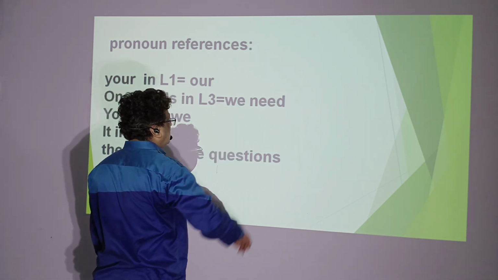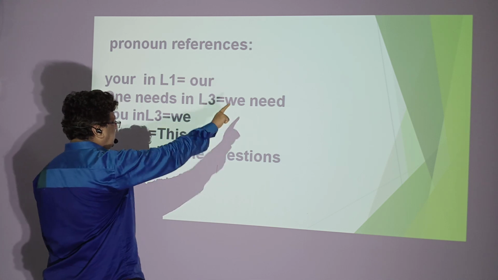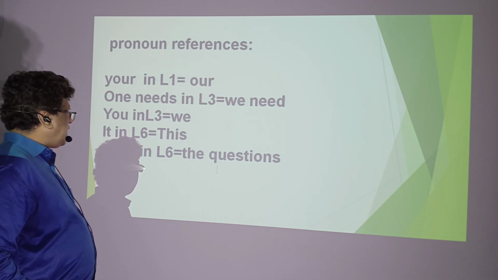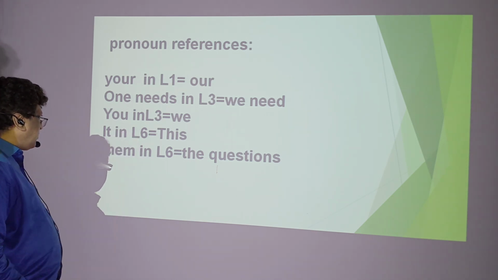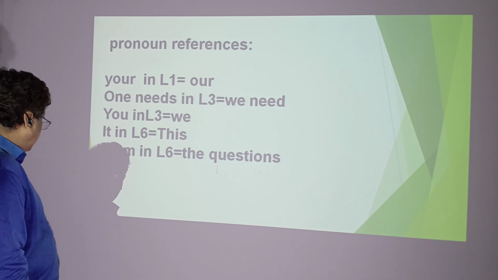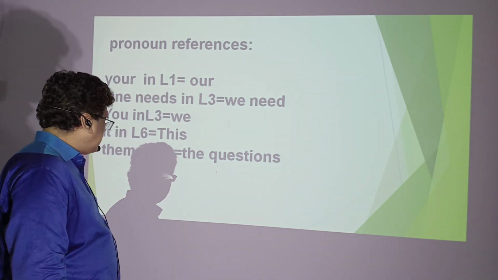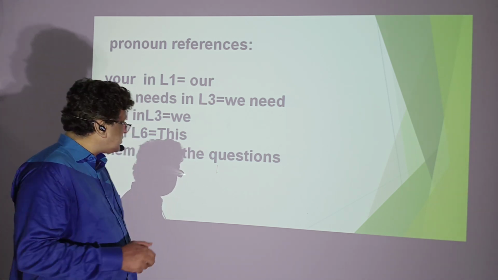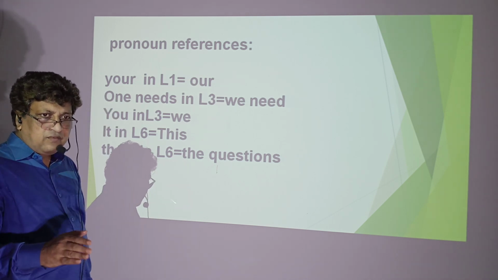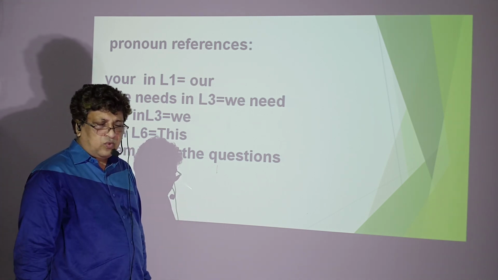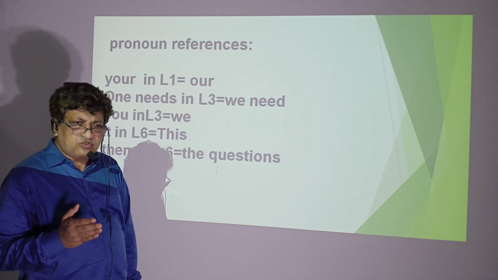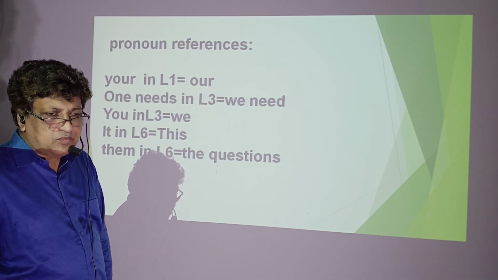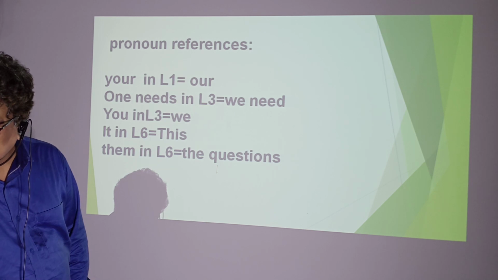We can correct the verb form by using we need, and in line 3 you may be replaced by we, and in line 6 it may be replaced by this, and then in line 6 them refers to the questions. So except the last two answers, the first three answers are different from answer pattern 1. So pronoun reference in some cases can be done in alternative ways. So we can move to another.